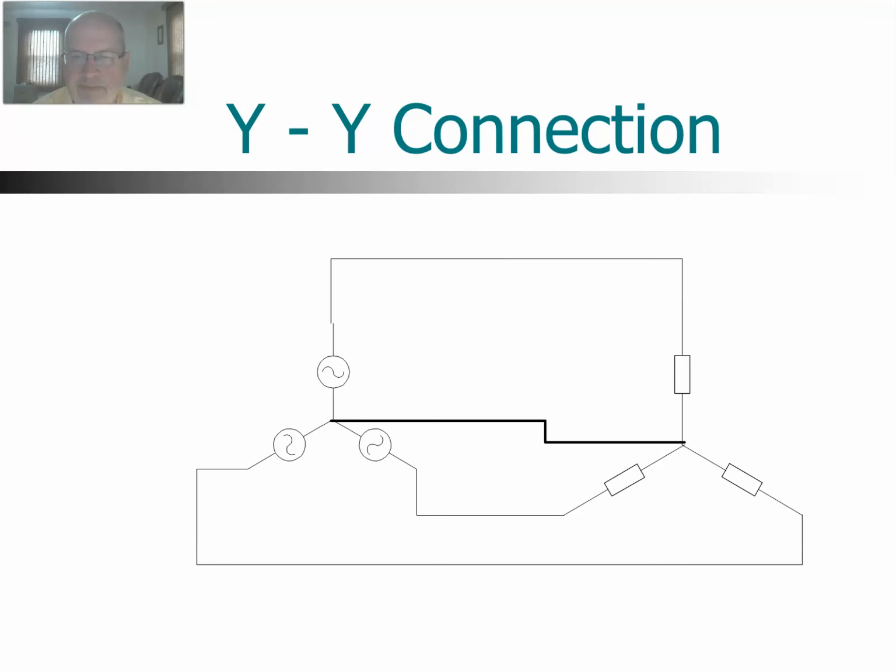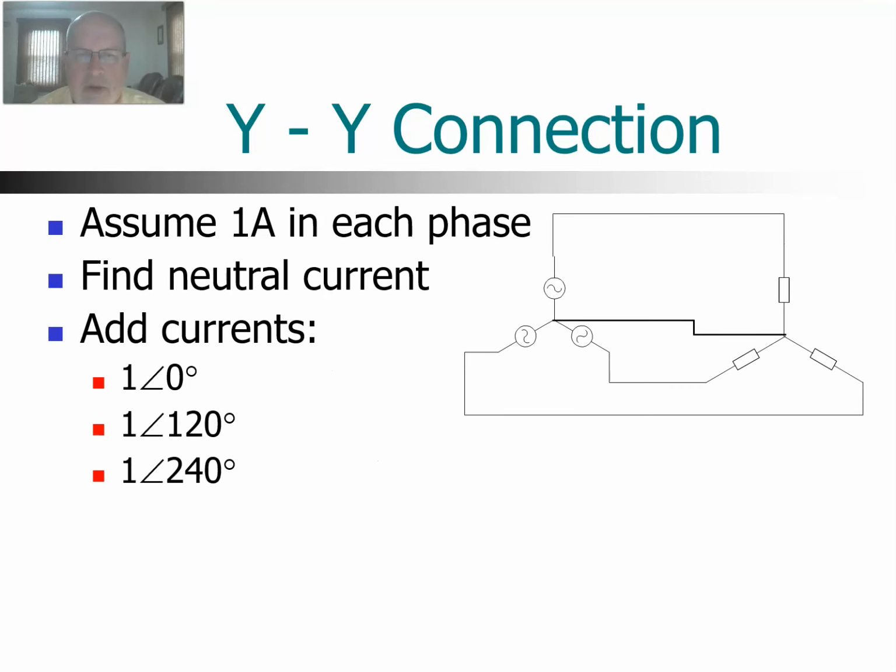All right, so why do we do three-phase? Let's take a look at three-phase in this configuration here, Y-Y connection, and look at the current in the neutral. And we can do that by assuming that each of these phases carries 1 amp.